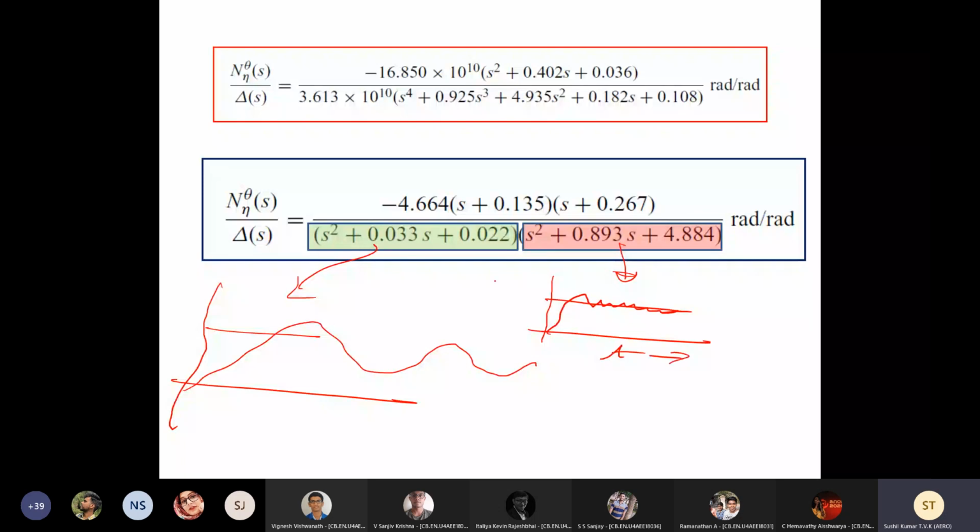But depending on what aspect we are going to look at, we can even simplify this whole transfer function as just a second order transfer function, or you can combine it and take it as a fourth order thing and work on it.